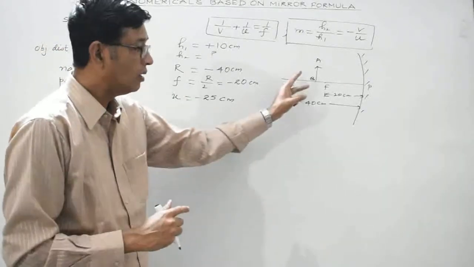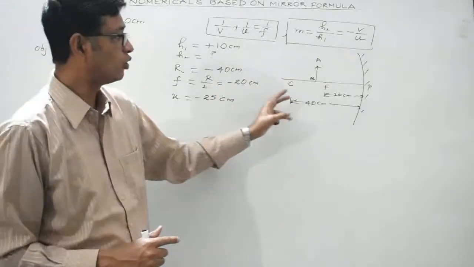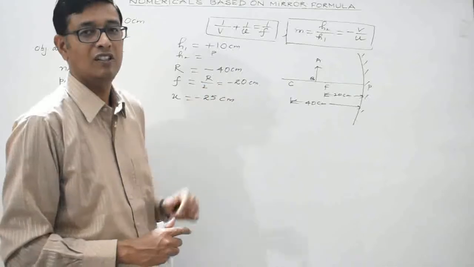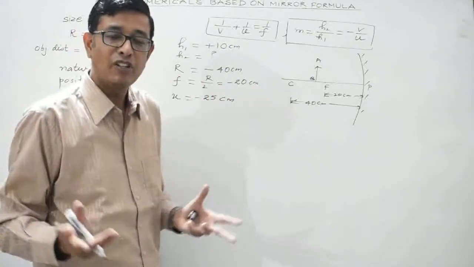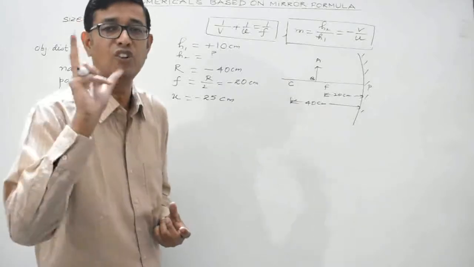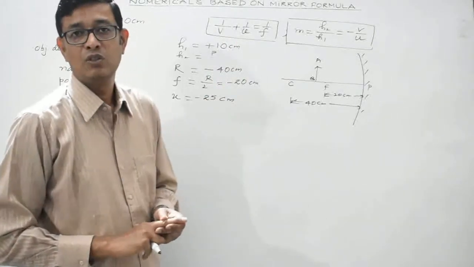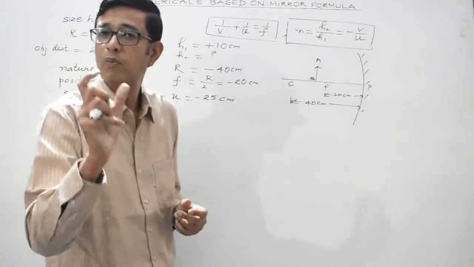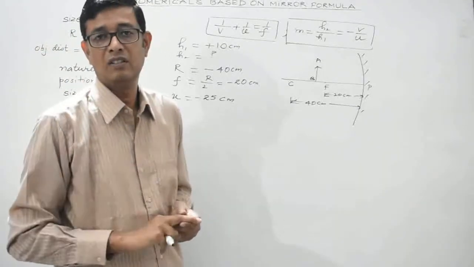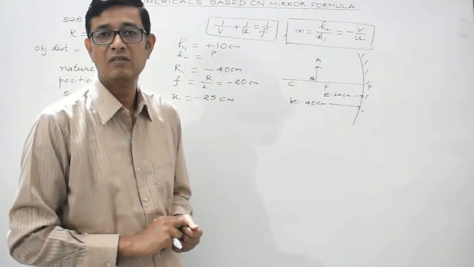It will be formed beyond C. So the image distance in magnitude must be greater than 40. So all this is information which you can collect only through your theoretical knowledge. We have not done a single mathematical step. So this is what I mean. The theoretical portion should be crystal clear. I mean, all the ray diagrams should be imprinted in your brain, isn't it?